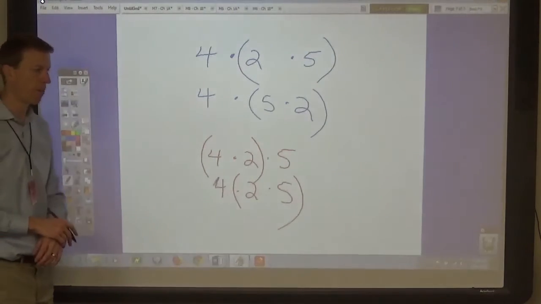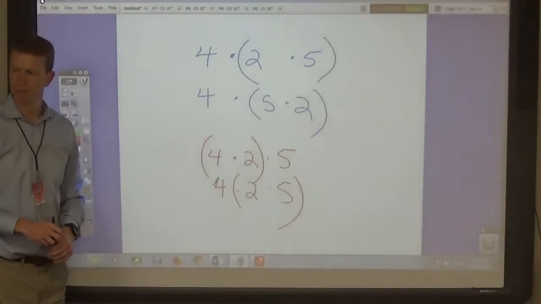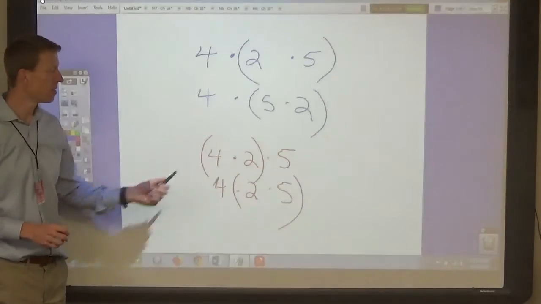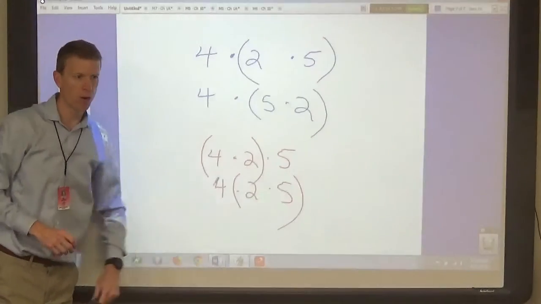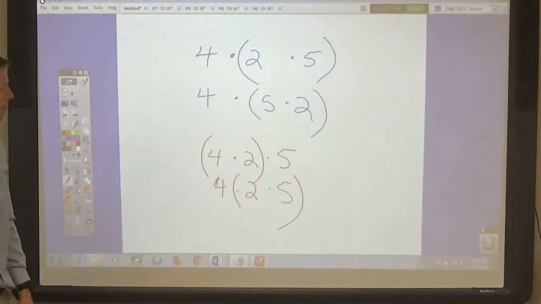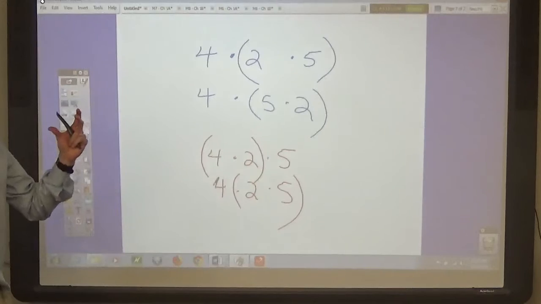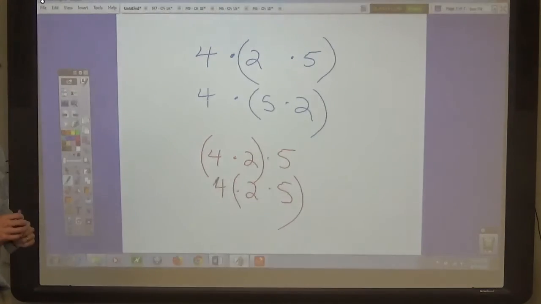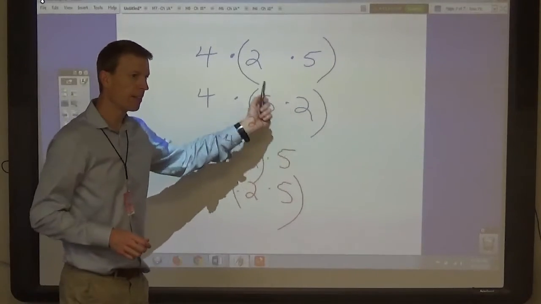That's the associative property. Okay? When the parentheses are moved, but the numbers are in the same order, that's the associative property. David? What are parentheses? Parentheses means do first. It's separate. Right? So in the order of operations, you do what's in the parentheses first.